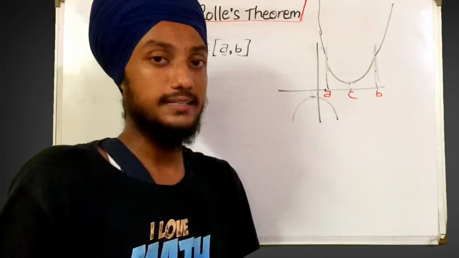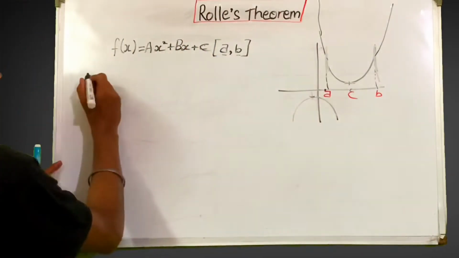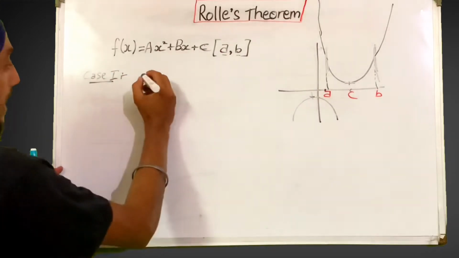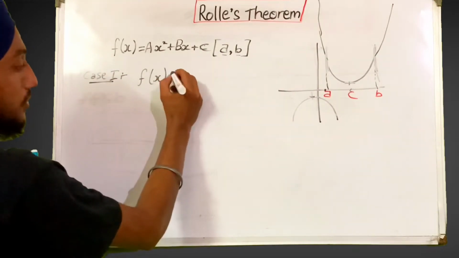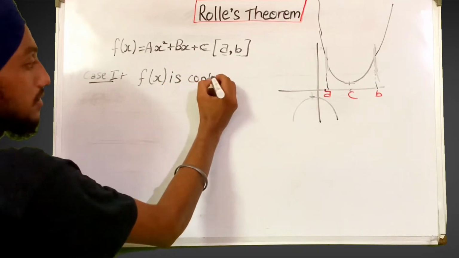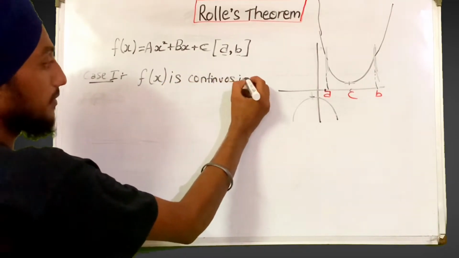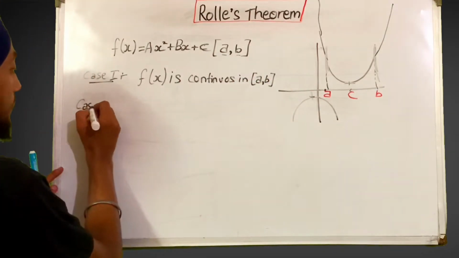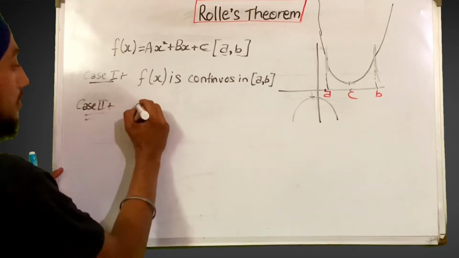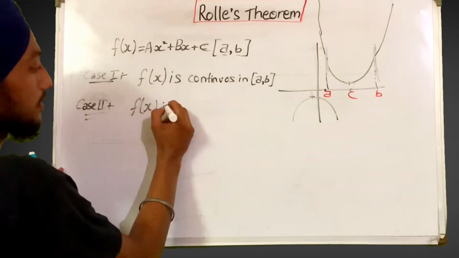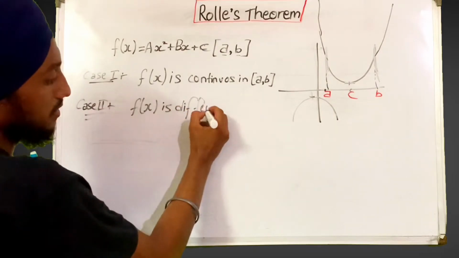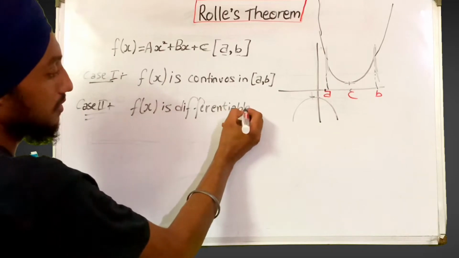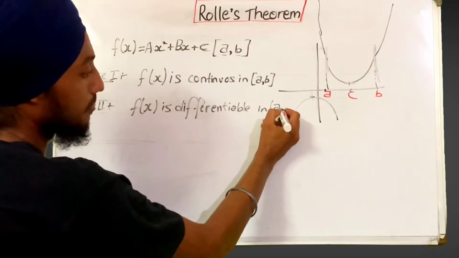So what does Rolle's theorem exactly tell us? It simply tells us there are three conditions for applying Rolle's theorem. Condition one is that f(x) should be continuous on the interval [a, b]. Condition two is that f(x) should be differentiable on (a, b).